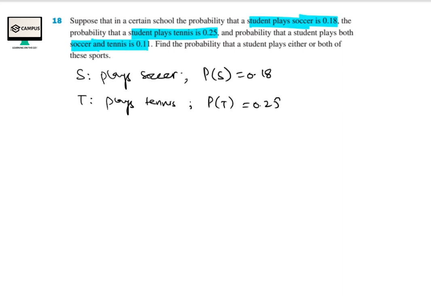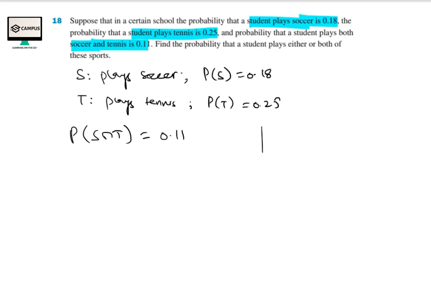Because we are looking for a student who plays both soccer and tennis. So that is the probability of S intersection T, right? And that is 0.11. We should also have a look at this scenario using a Venn diagram.